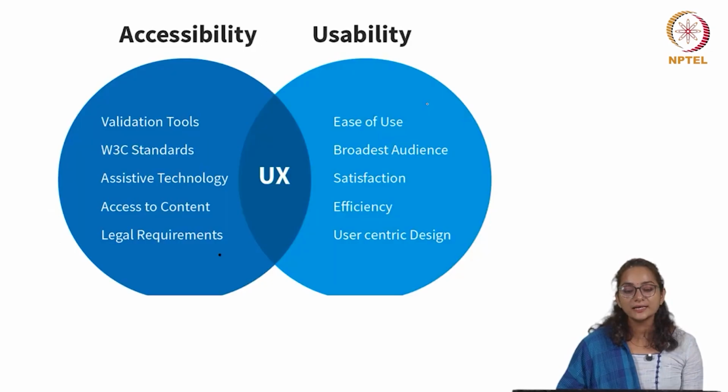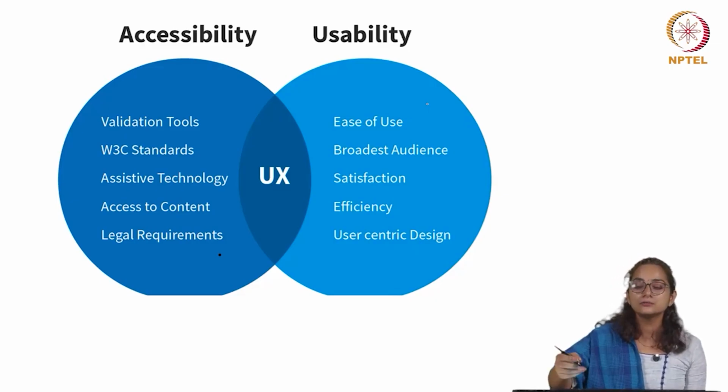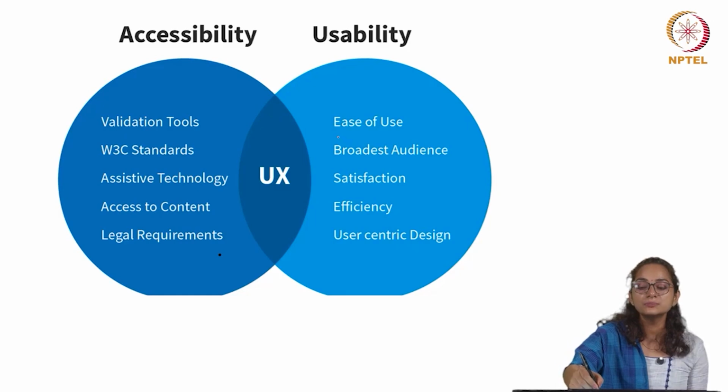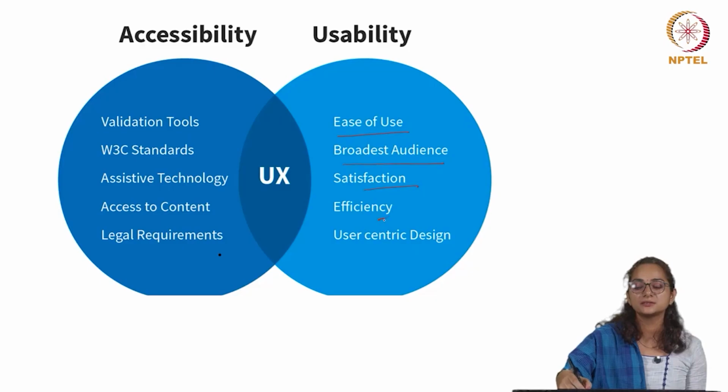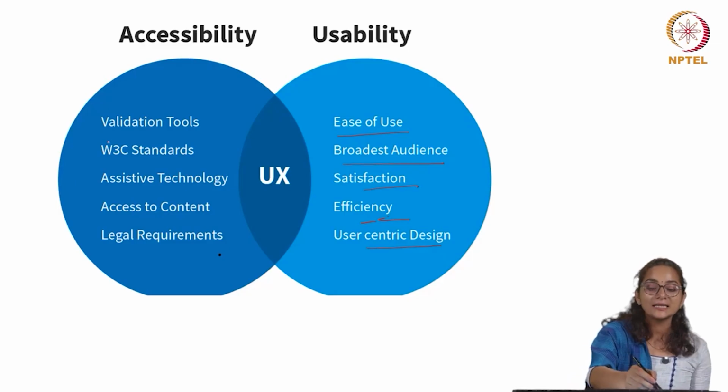In order to understand what are the overlaps and differences between accessibility and usability, this is a very useful kind of Venn diagram. As we discussed, usability pertains to ease of use, broader audiences, satisfaction, efficiency, user-centric design, and various aspects.